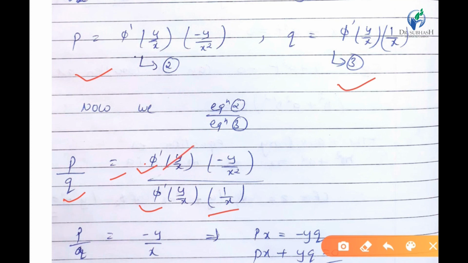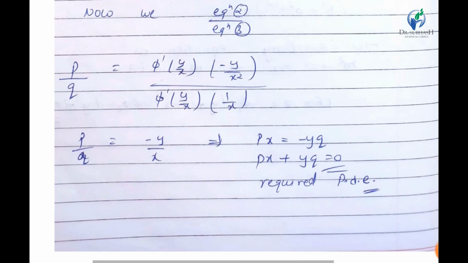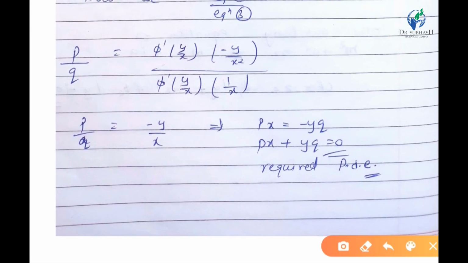Now we can cancel this portion, and one x will go, so we remain with p by q equal to minus y by x. Again on cross multiplication we get px equal to minus yq, which can also be written as px plus yq equal to 0. This is our required partial differential equation after the elimination of the arbitrary function.